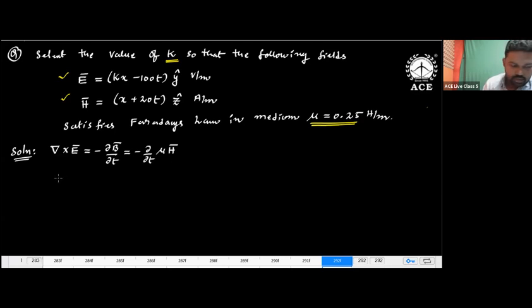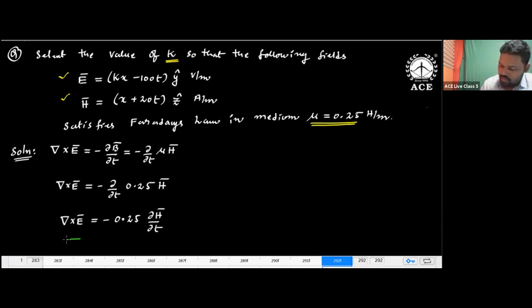So curl of E is equal to minus 0.25 dou H by dou t. Now expand this one, beta.